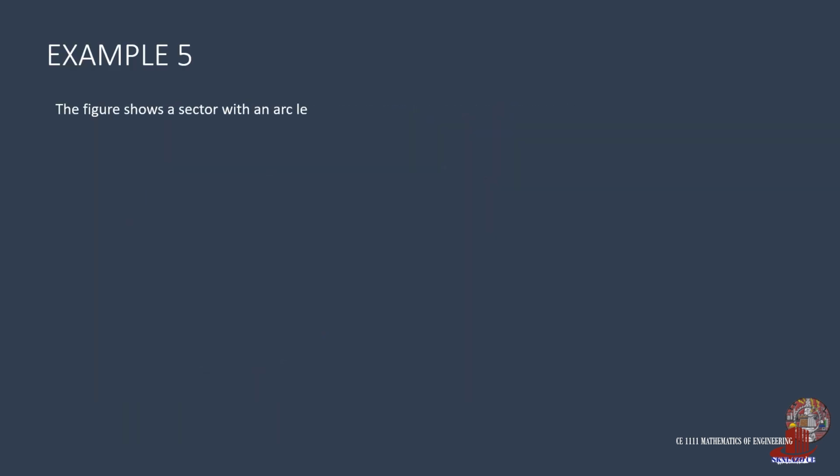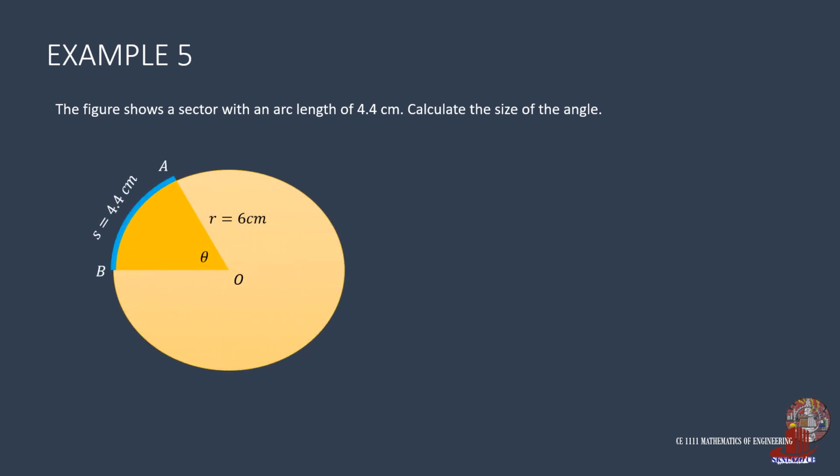The fifth example also has a figure with a sector of arc 4.4 centimeters, and radius is given as 6 centimeters. The required is the angle measure. For this example, although the figure shows a sector, the solution only includes S as r theta, where r is 6 centimeters and s is 4.4 cm.